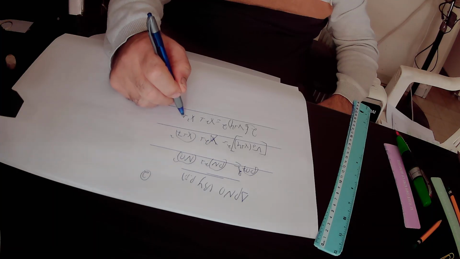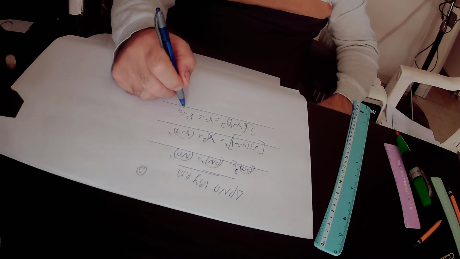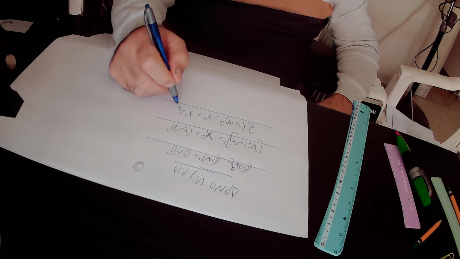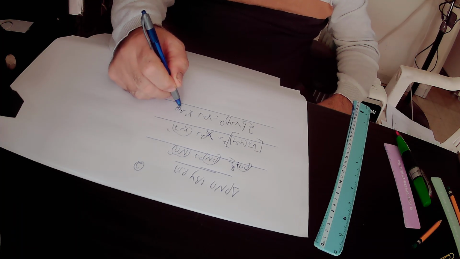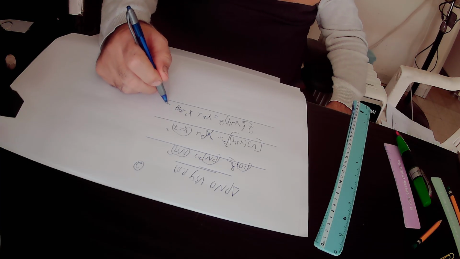X plus 7 squared equals x squared plus 7 squared, which is 49, plus 2 times x times 7, that is plus 14x.